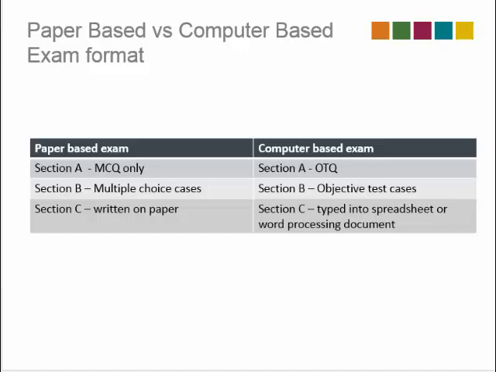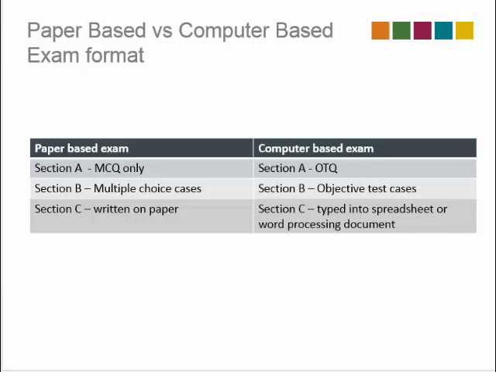So the paper-based exam will be multiple choice questions only, so you'll be choosing A, B, C or D, whereas the computer-based exams will have OTQs. OTQs could be an MCQ, but they could also be number entry, where you type the correct number in the box so you don't have one to choose from, choosing from a drop-down menu, matching answers to statements, etc.